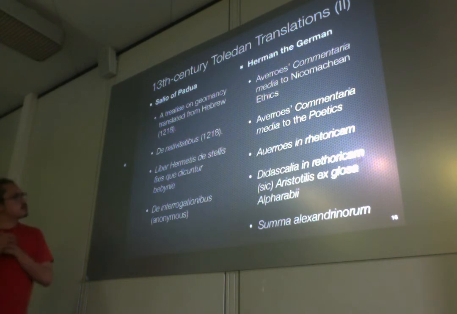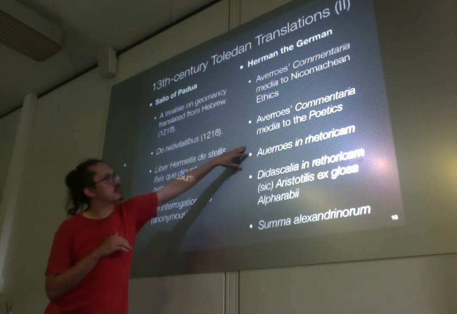The second group is the one of Salio of Padua and Hermann the German.